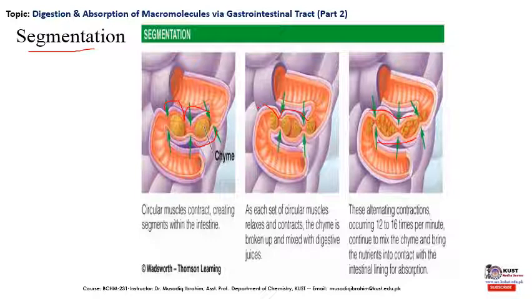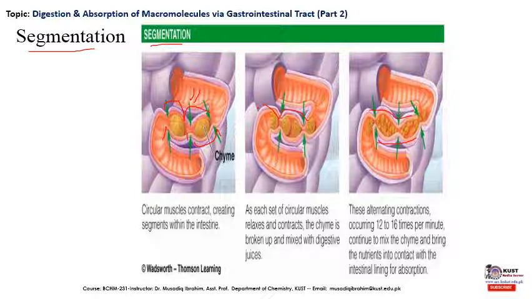So again, in case of segmentation, the circular muscles, which are here in red color, are contracting and creating segments within the intestine, and as a result of each set of circular muscles relaxing and contracting, the chyme is broken up and mixed with the digestive juices.